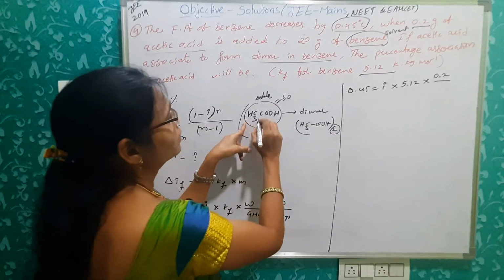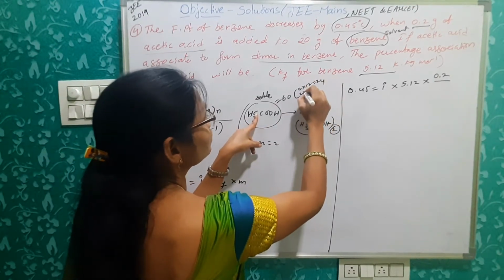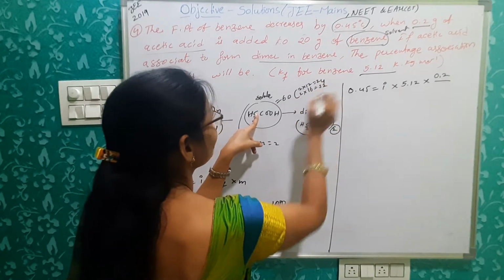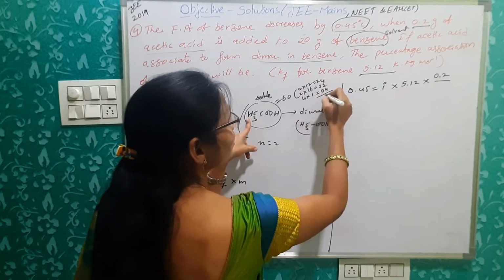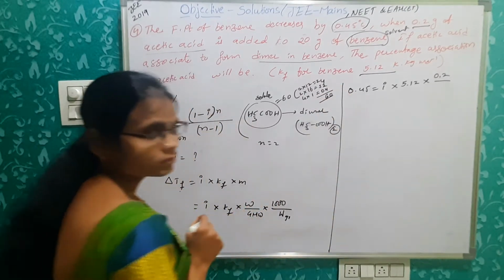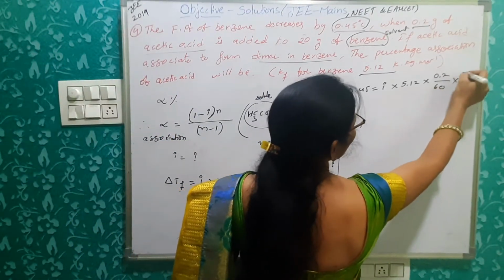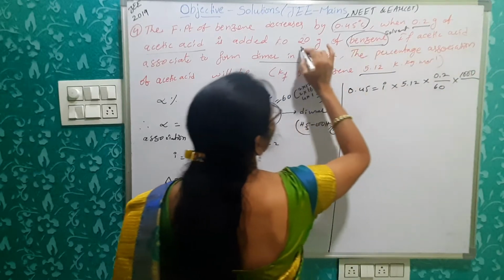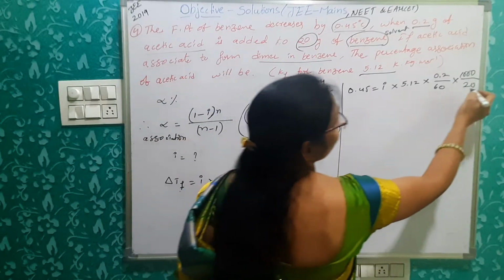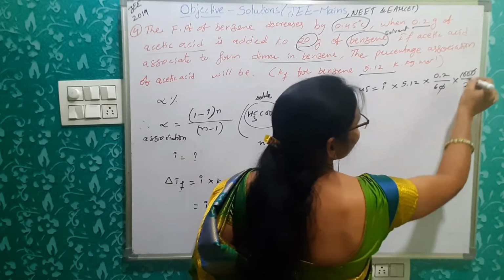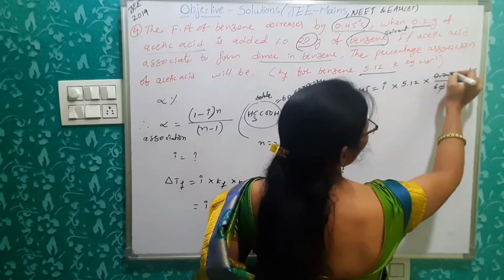How to get? 2 carbons, 12, 24; 2 oxygens, 16, 32; 4 hydrogens, each hydrogen 1, 4. How much? 60. Okay, now 60 into 1000 by how many grams of benzene? 20 grams of benzene. Now these zeros will cancel. 2 ones are 0.1.